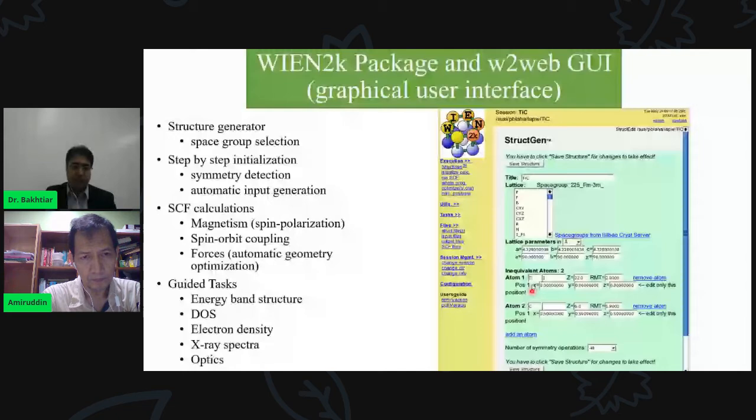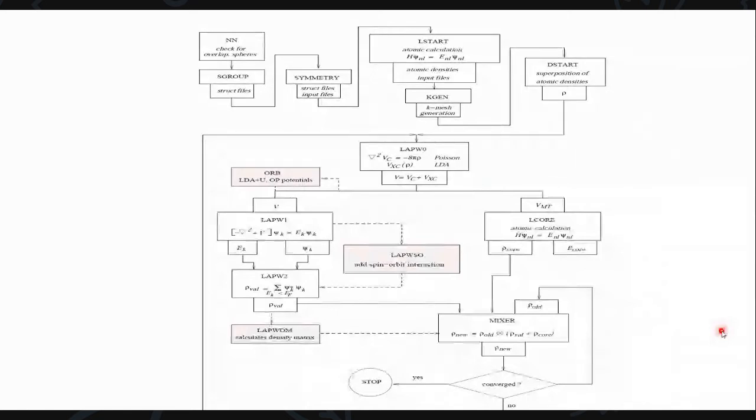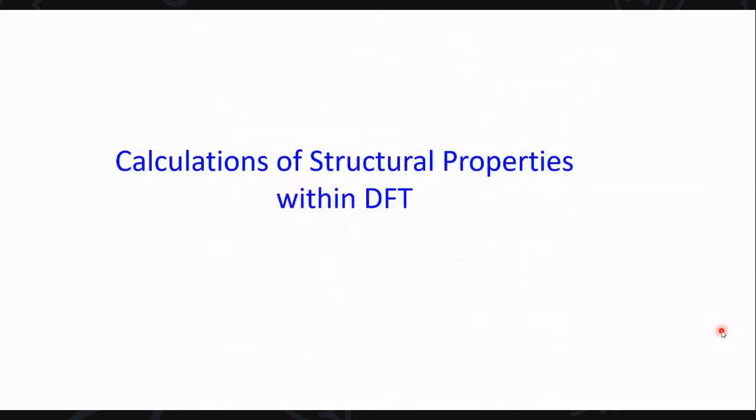So we can get many results using this code. This is a flow chart of the Wien2K calculation, how this works. And one can get several results using the Wien2K codes.